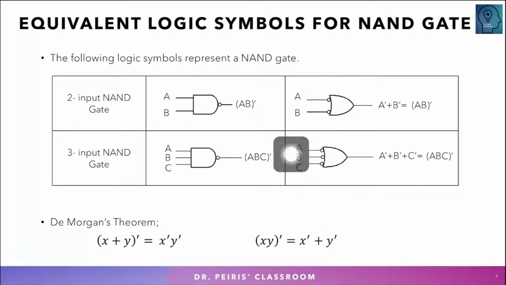So anytime you can use either symbol. This is very important when we redraw circuits to make them work only with NAND gates. This is what we are going to use, and this one also. Now let's see how we use these symbols to make circuits only with NAND gates.